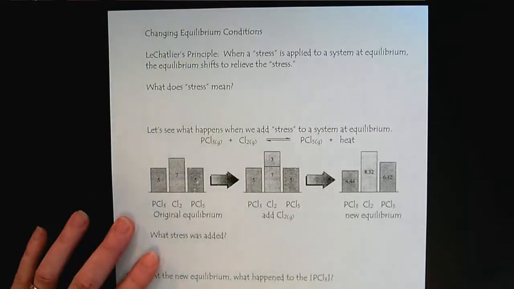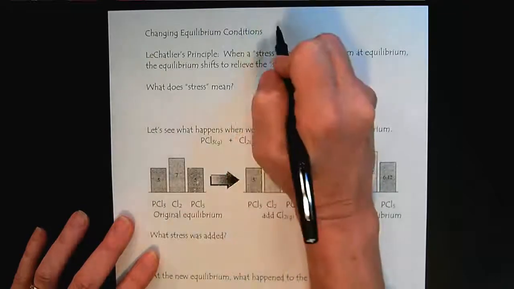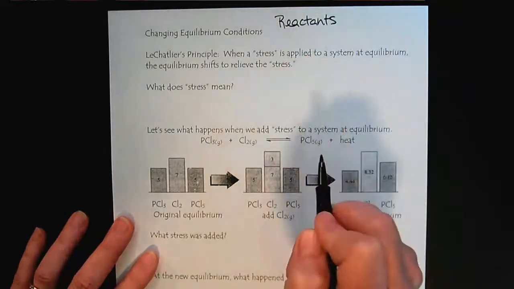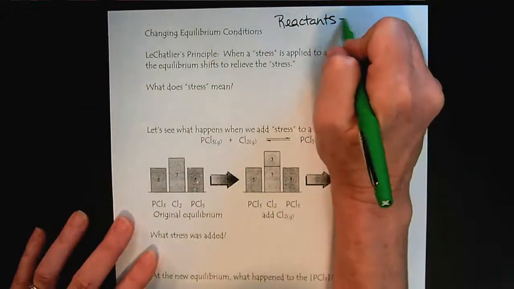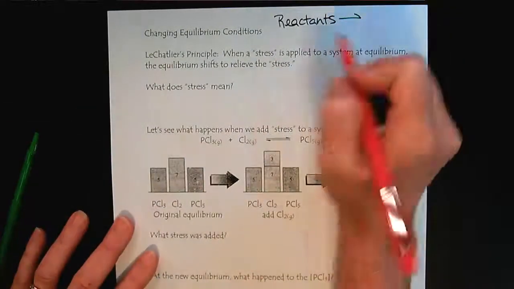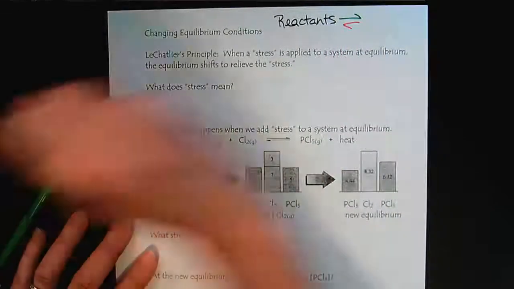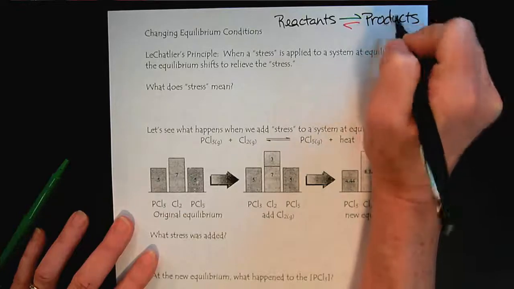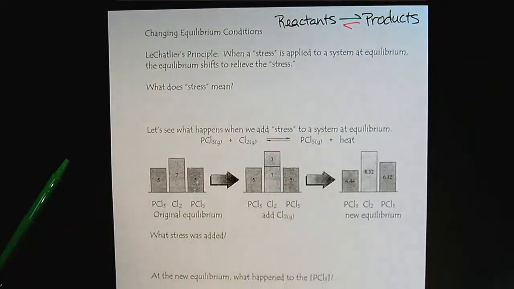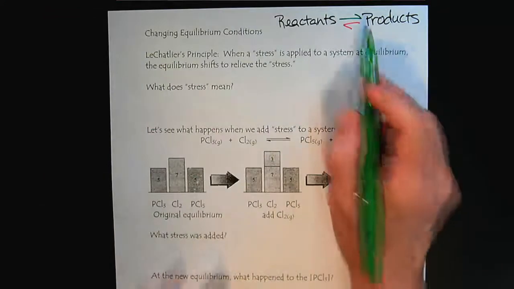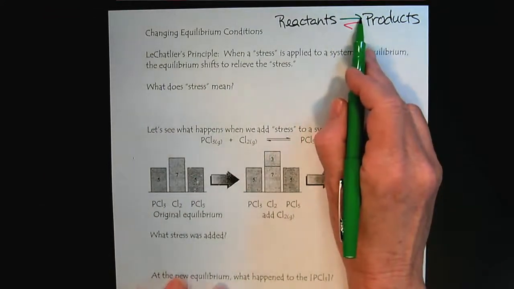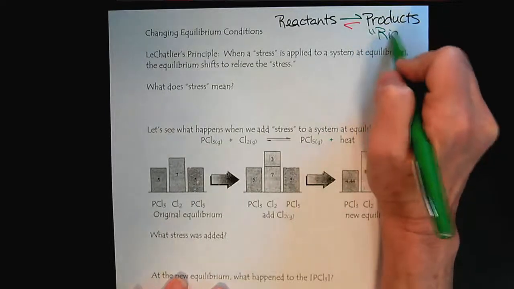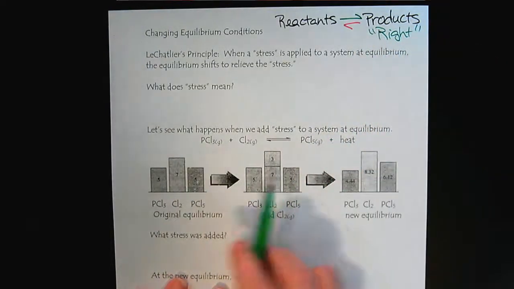So we'll build off the concept on the last page, that when we write reactions, we always have the reactants on the left, then our forward and reverse reactions, and products on the right. So linguistically, when a reaction favors the products, we say the reaction goes to the right.